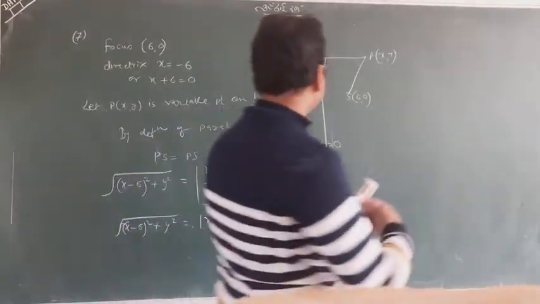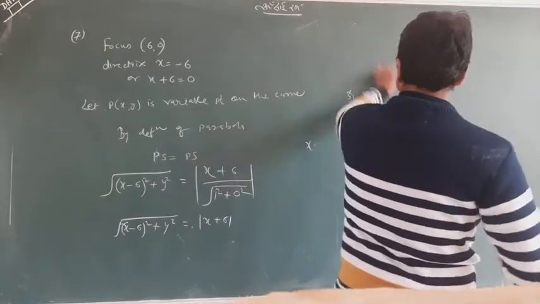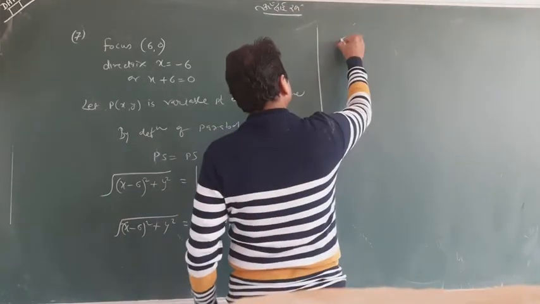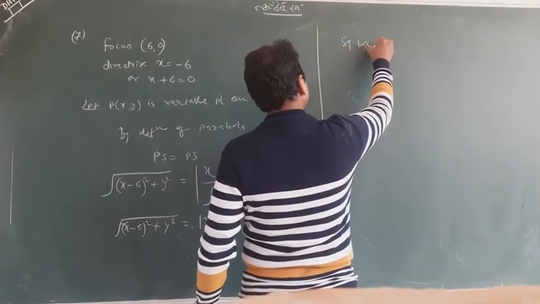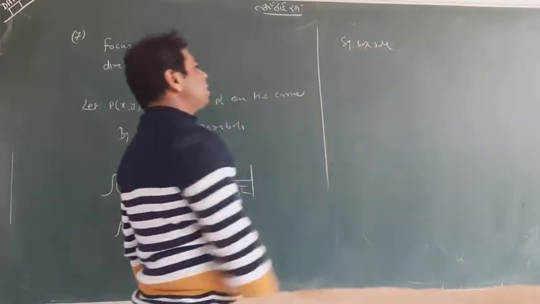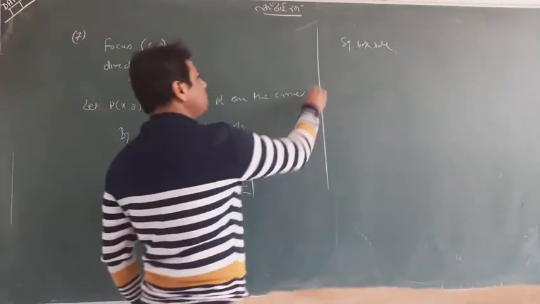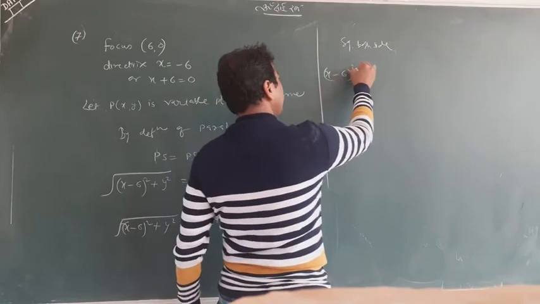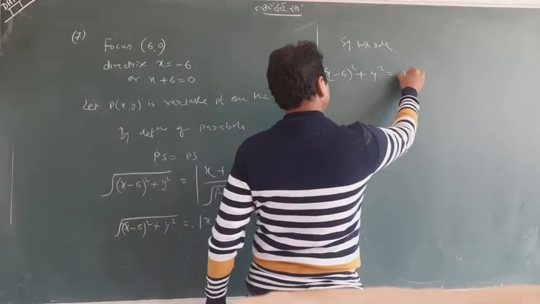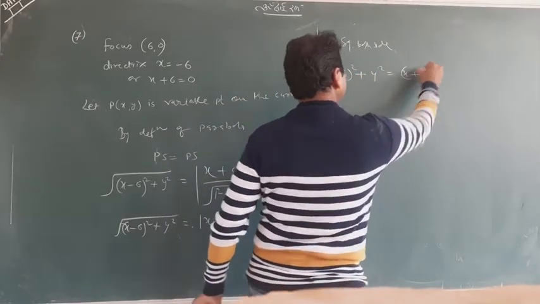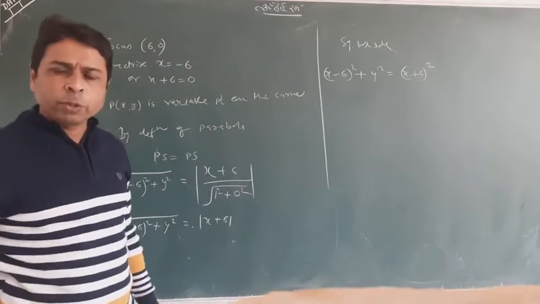Then what will you do? Let me rub this out now. I will square both sides. That will give us (x minus 6) whole square plus y square equal to (x plus 6) whole square. There is no meaning of mod when we do the square.